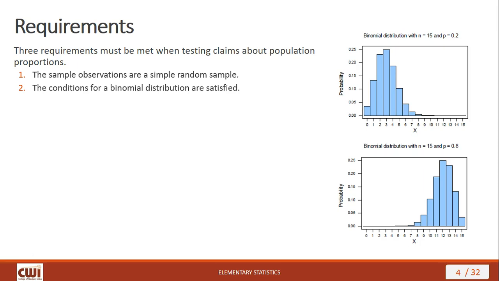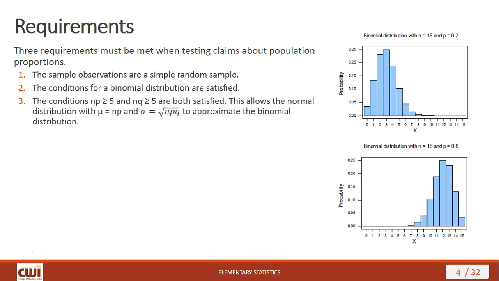That's because many of our methods assume that they use the normal distribution as an approximation for the binomial. On that point, the third requirement that must be met is that we have to have at least 5 failures and 5 successes. This allows us to use the normal distribution to approximate the binomial distribution.